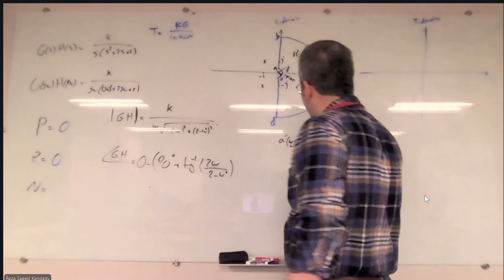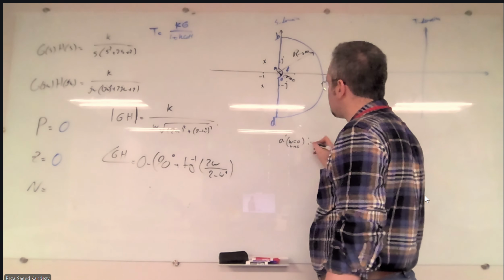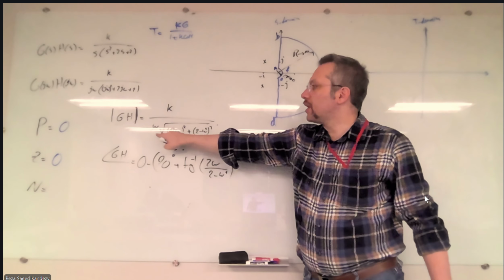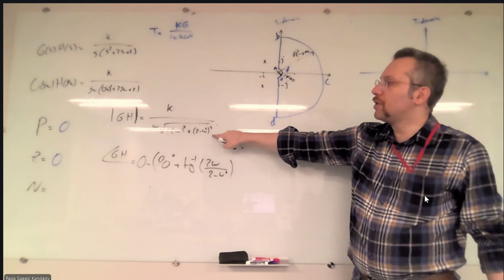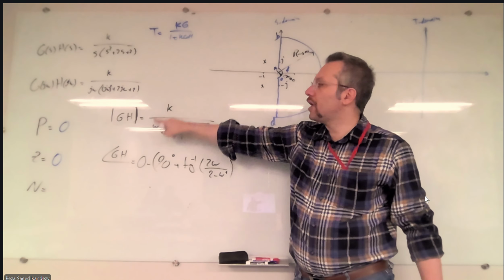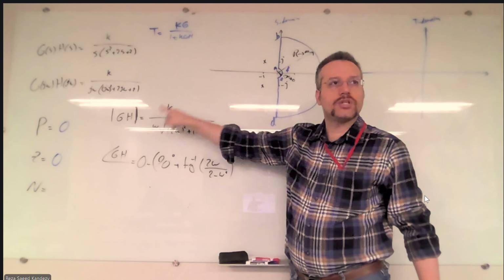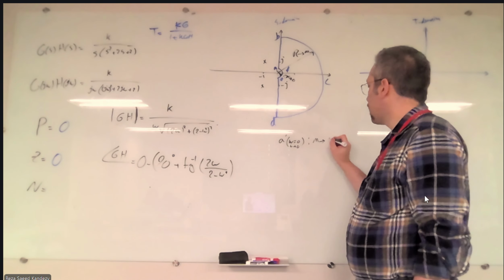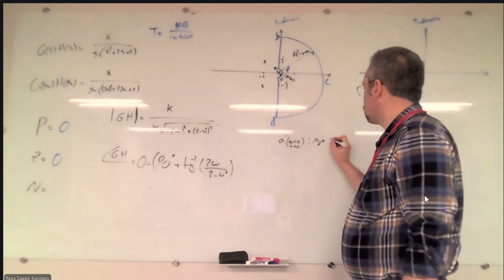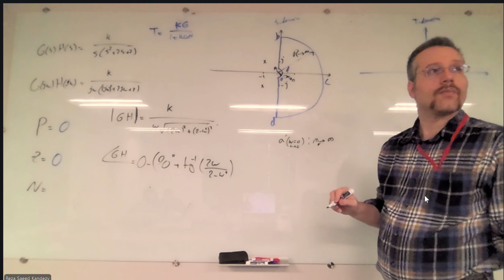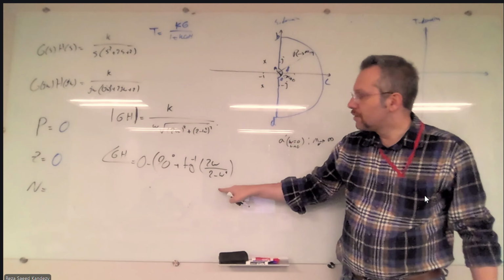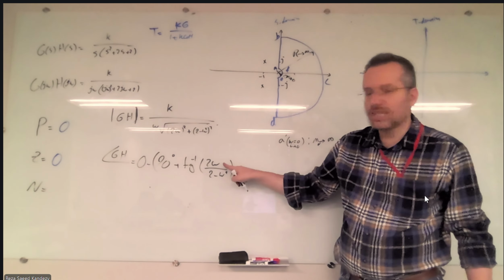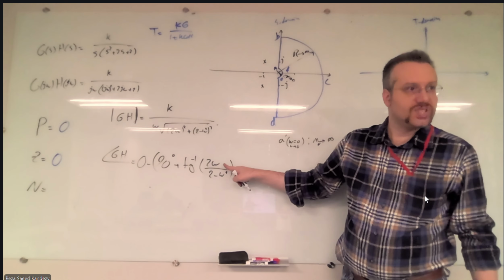Okay? If that's happening, the magnitude is simply going to be 2 omega, this is going to be k. If omega is 0, it's going to be k over 0. So the magnitude goes to infinity. How about the phase? If this is 0 and this is 0, this one becomes tangent inverse of 0, which is 0.